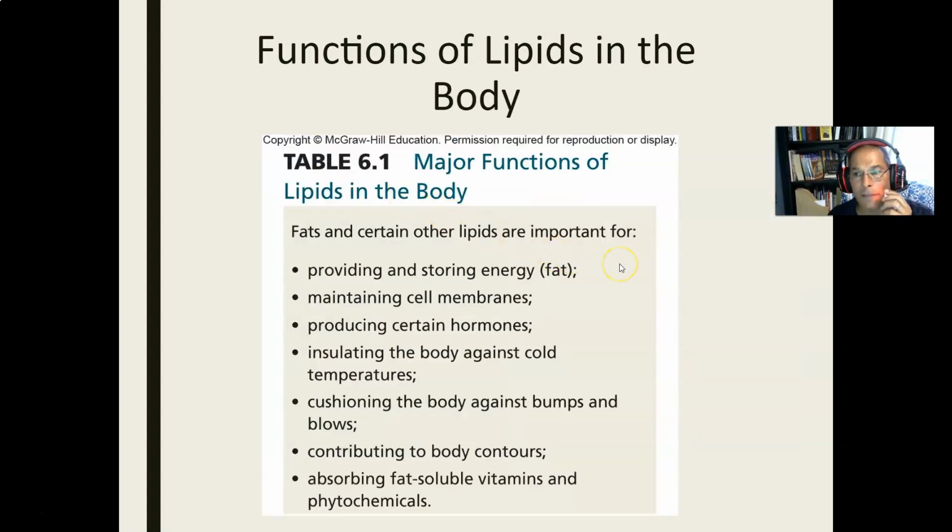And finally, what are the functions of fat in the body? I think for most people, we use it for energy. It's a storage form of energy. But it has other really important uses, though. And there's a reason why it's essential. There are some hormones that are made from fat, like estrogen and testosterone, which are made from cholesterol.